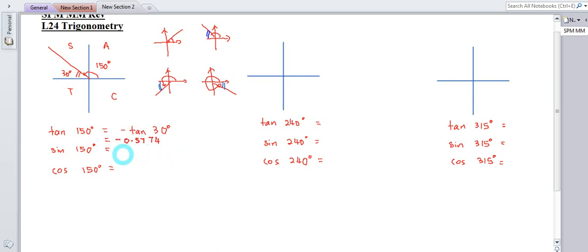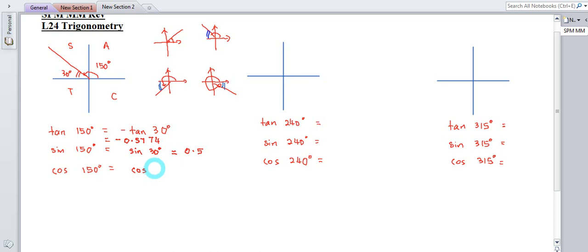How about sine 150? Same thing: I just write sine 30, and here I don't have to add a negative because the second quadrant is positive for sine, right? Sine 30, you just press the calculator, you get 0.5. How about cosine 150?